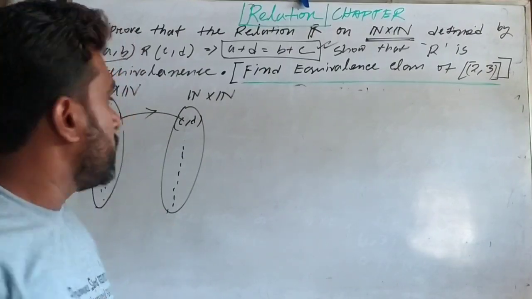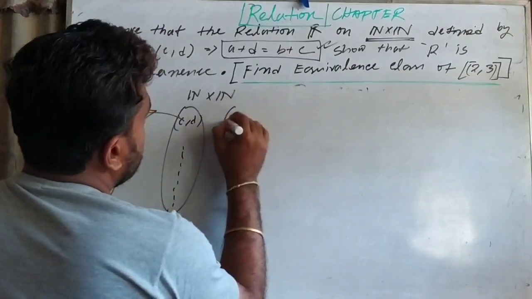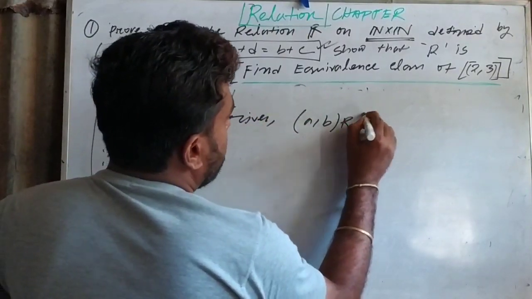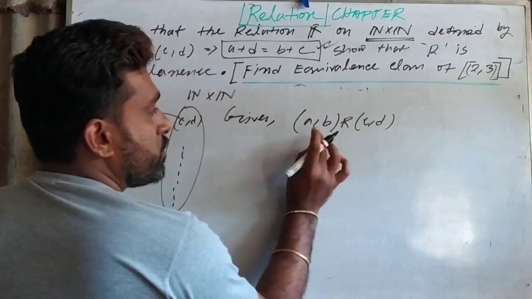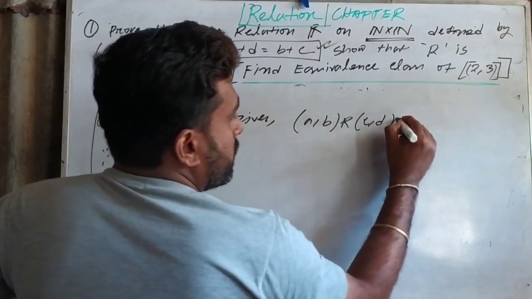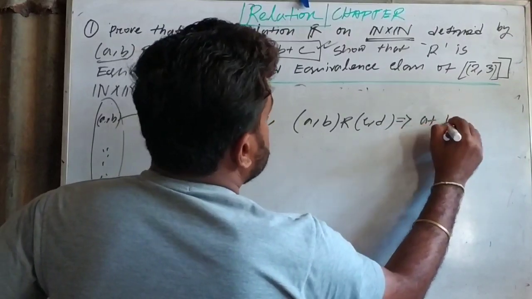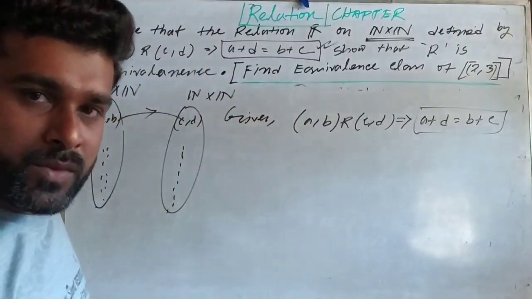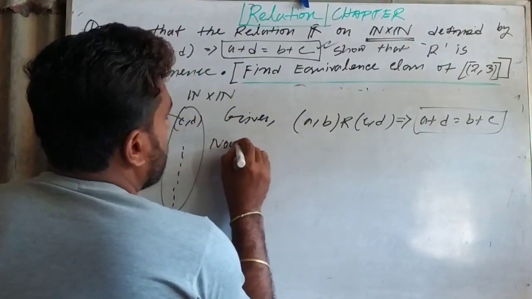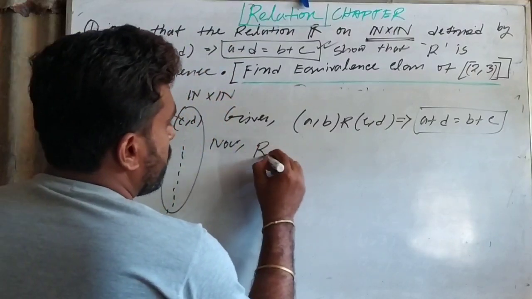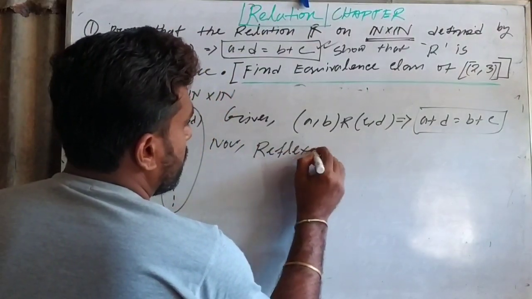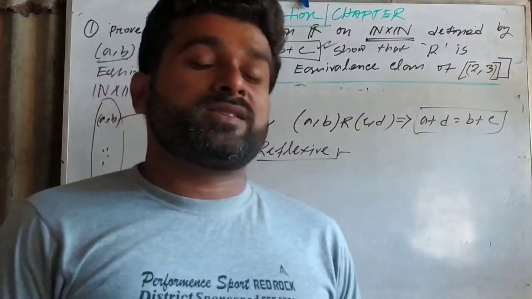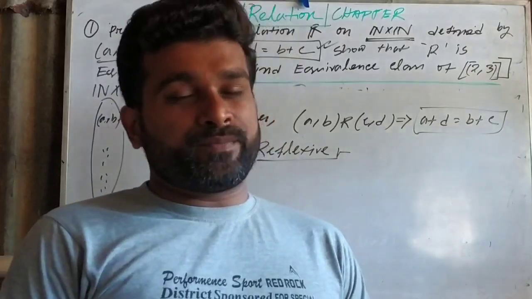So now, given (a, b) R (c, d), that means the relation between two ordered pairs, a + d = b + c, it is given. Now, for getting this equivalence property, the reflexive property, as you all know, for the reflexive property two same elements need to be chosen.